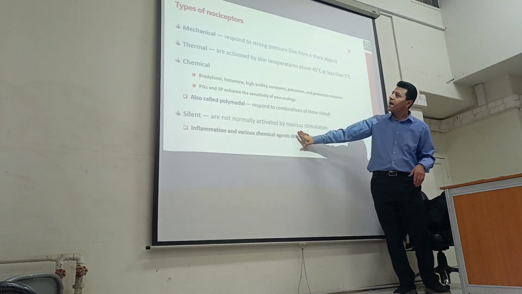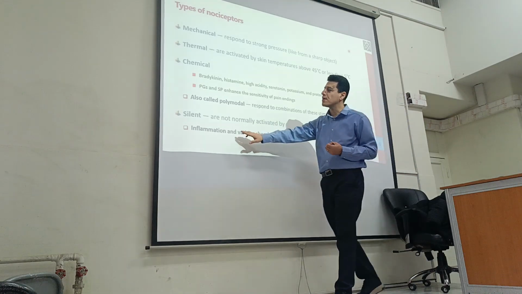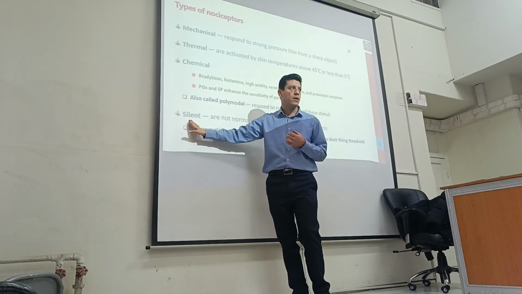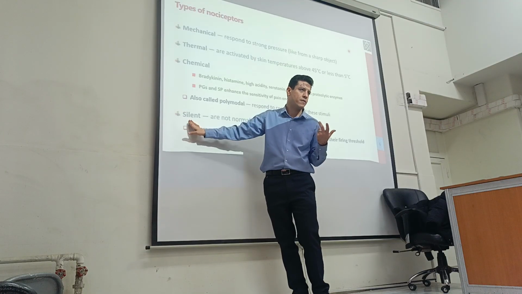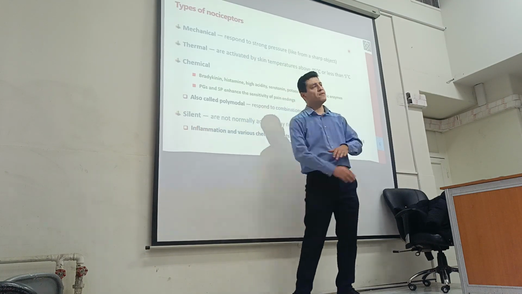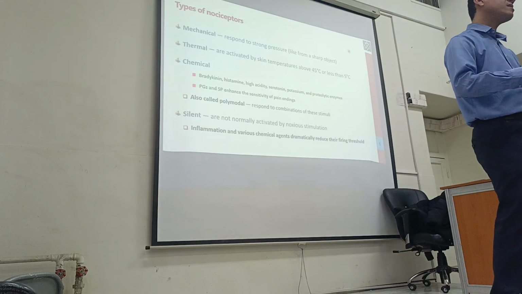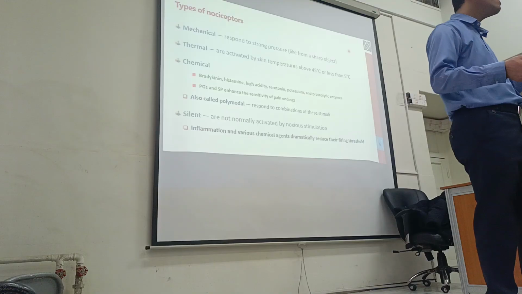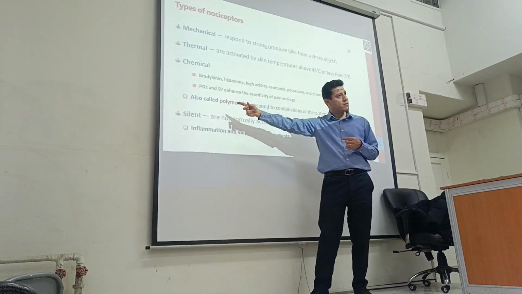Okay. We have a fourth category of nociceptors called silent nociceptors. They are not activated by tissue damage, usually, right? But in some specific conditions, they are activated. For example, if we have inflammation, then these receptors are sensitized, and after that, they may respond to other types of stimulations, right?